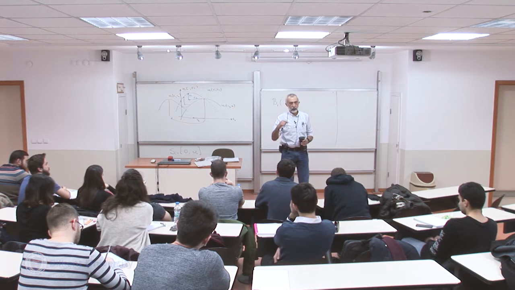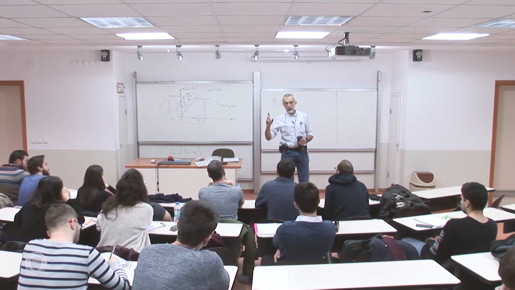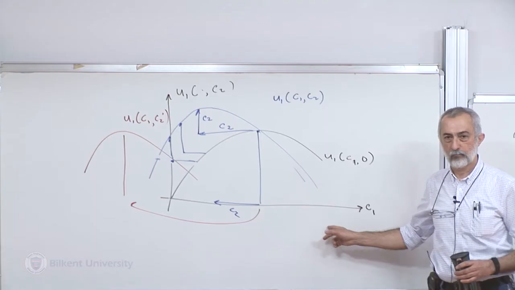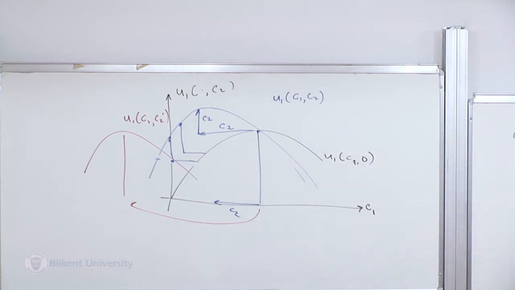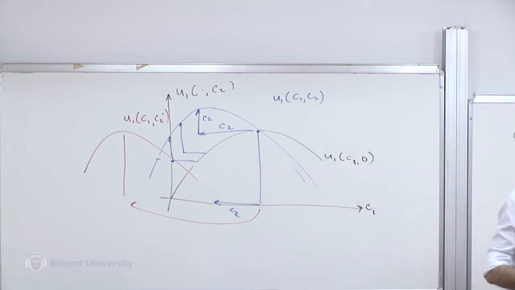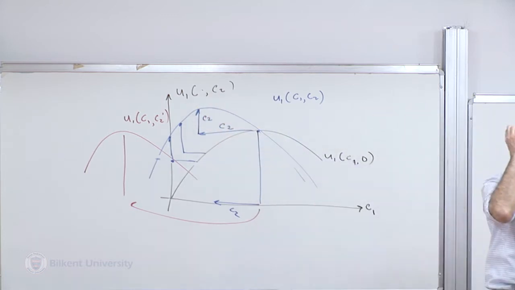So what does this imply? First of all, if there is a maximizer, it's unique. That is, if there is a best response, it's unique. It can change with c2, but given any c2, if player 1 has a best response to c2, it is unique, and we can find it by taking the partial derivative of u1, equating it to 0 and solving for c1, except if it's negative, then it's going to be 0.